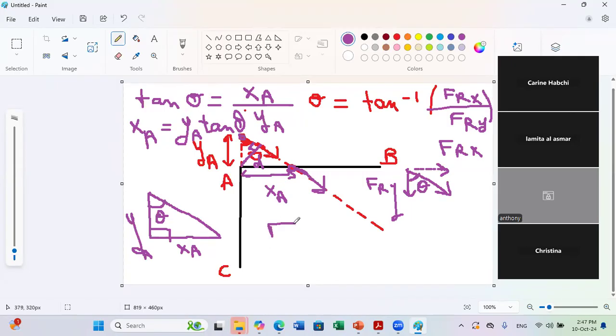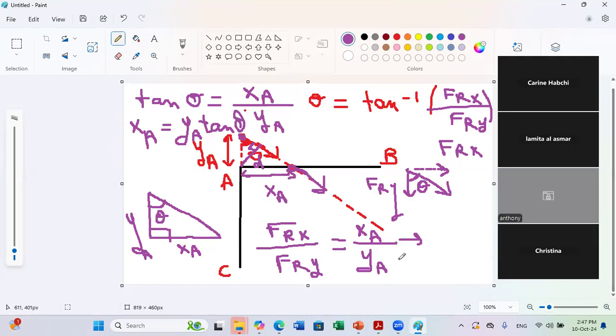So FRX over FRY is equal to XA over YA. And this is due to what? It's due to having the same moment about A. Look, if I take YA to this side, and XA to the other side, what do I get?